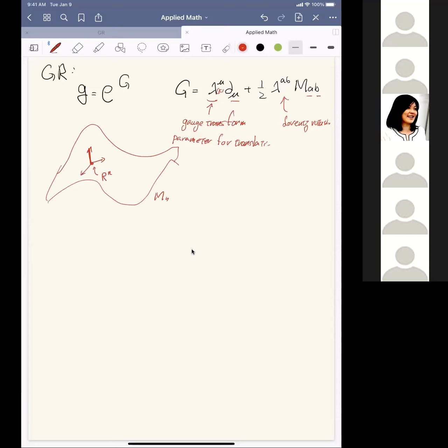That means that locally you can set up an orthogonal basis, and the indices for this orthogonal basis are just going to be our A, B indices. Importantly, from now on, we will call these flat indices. And of course we know that we can have coordinate charts here. So these will be x^mu, x^nu. These will be our curved indices.